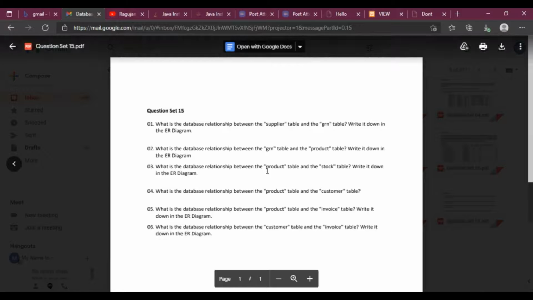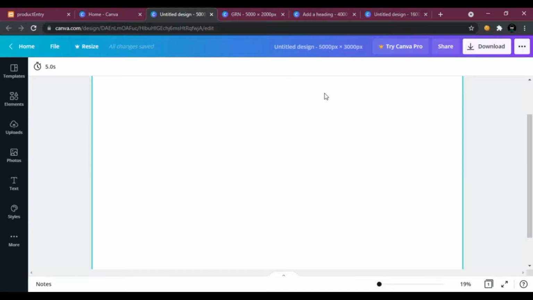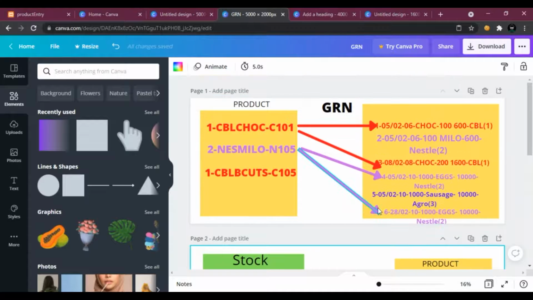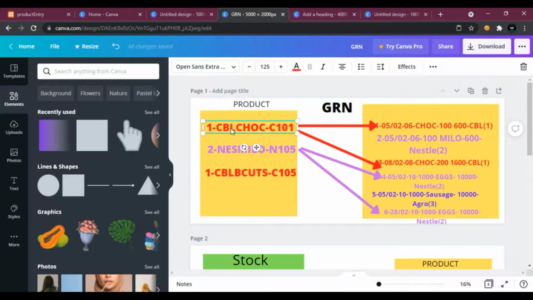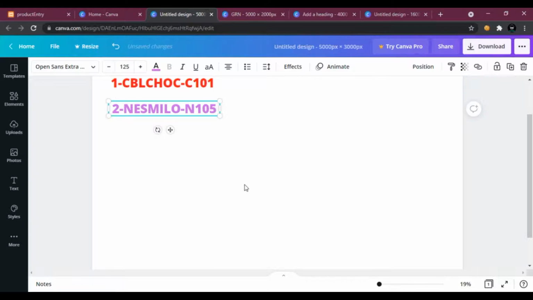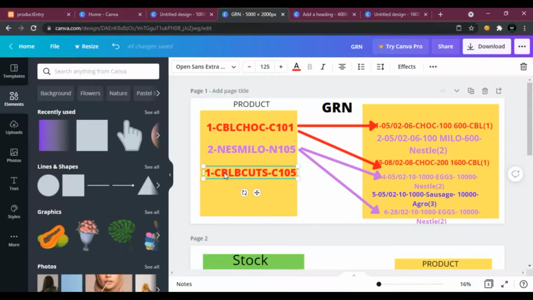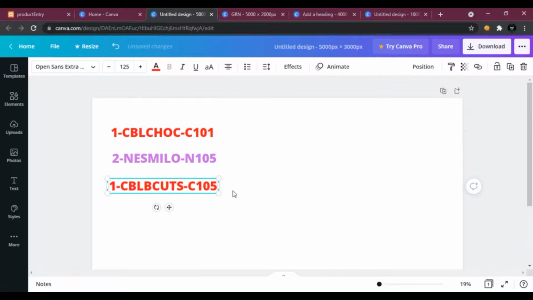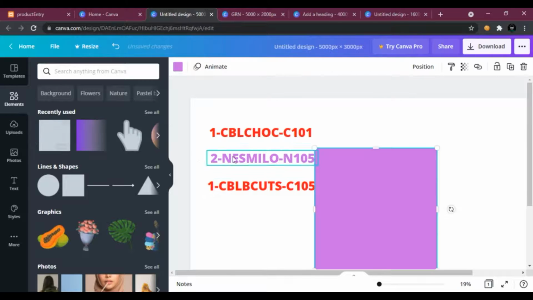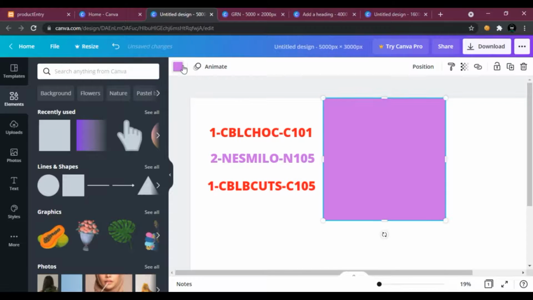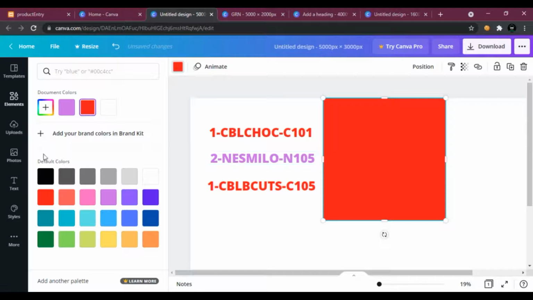So the third one is basically to find the relationship between the product and the stock table. So what I'm gonna do here is copy the product results, the product details.